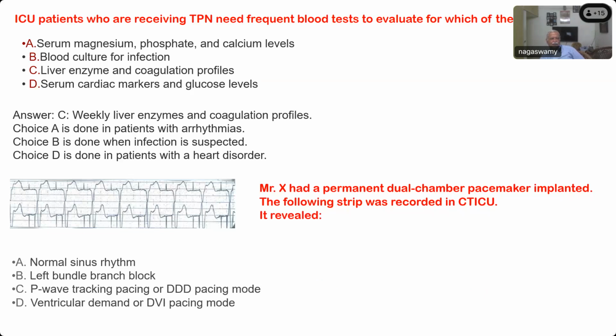C, sir. It is dual pacing. Dual pacing. So the question here is a dual chamber, and you have this spike due to the pacing spike, followed by a QRS. So it is P-wave tracking pacing, dual chamber pacing, sensing and responding mode.